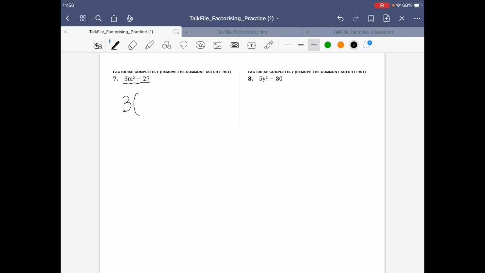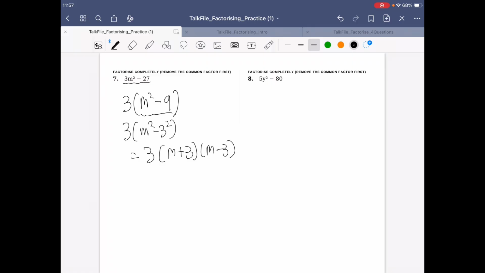If you take 3 out, then you get m squared minus 9. Now it's the same as what we have done. This m squared minus 9, 9 equals 3 squared. So then you just do the factorizing again, m plus 3 and m minus 3.